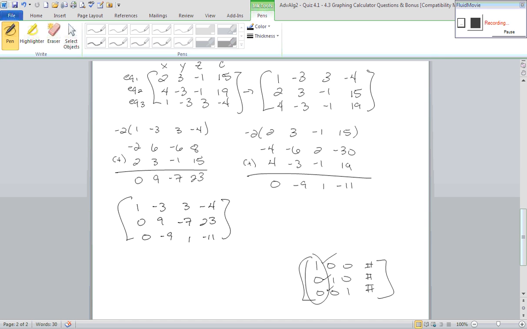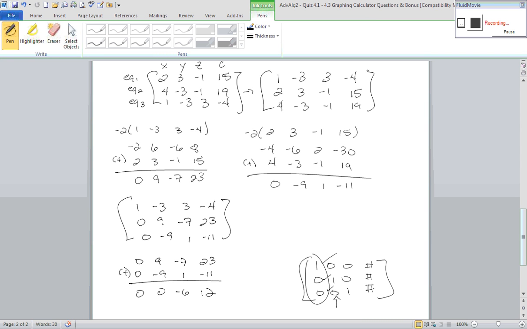Now from here, I can really go any direction. Just looking at this, I know I want a 0 in this place right here. I can do that pretty easily by just adding these 2 together. If I add these 2 equations together, the new 2 and 3, which again were just found by manipulating the original equations, I have 0, 0, -6, and 12.